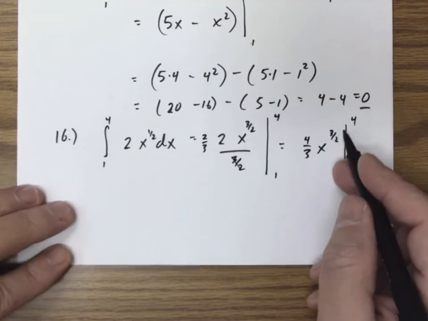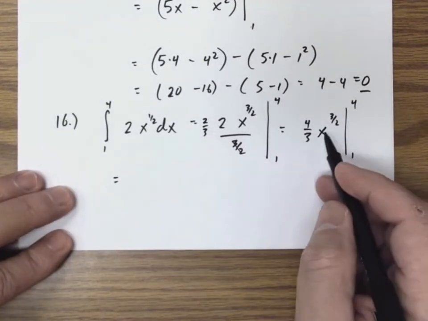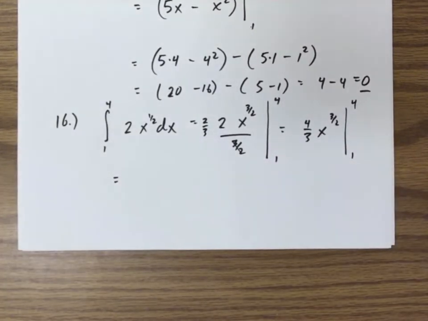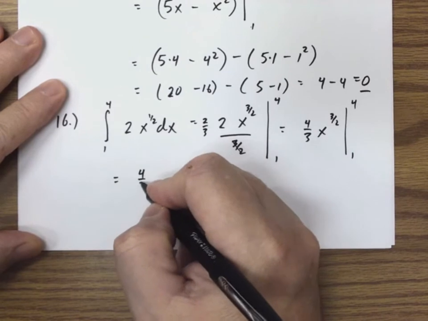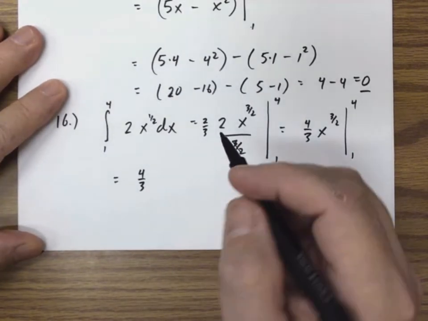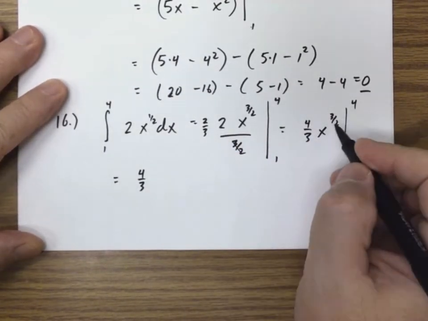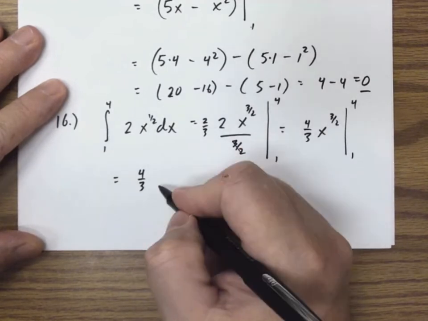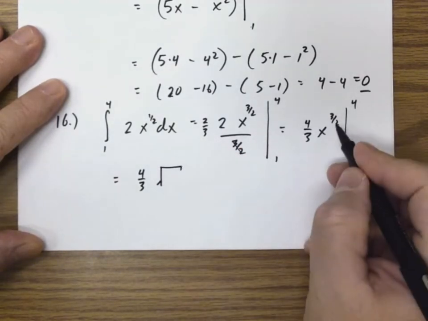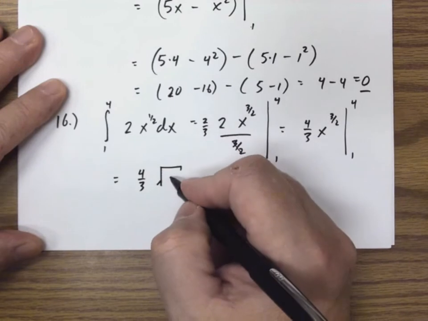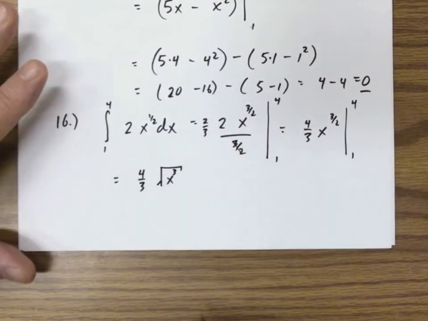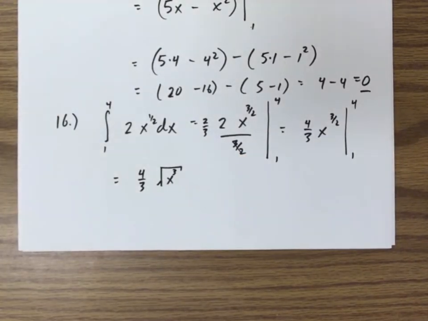Now here's a case, since I have to put numbers in there, I'm going to actually switch this back to a radical, because personally I can usually have an easier time figuring out numbers with radicals rather than rational exponents. So this is really 4/3. X to the 3/2 means square root, and the square root is x cubed.